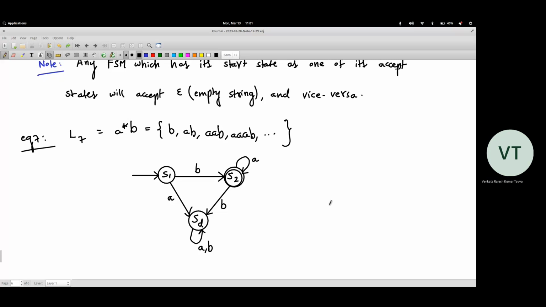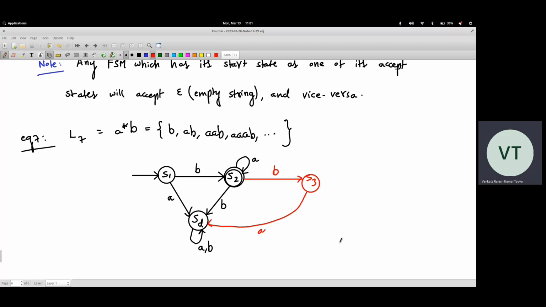Okay. So let me draw it with a different color. So suppose I have S3. Okay, now S2 with S3 on B. Okay. S3 to SD. All right. That's it.